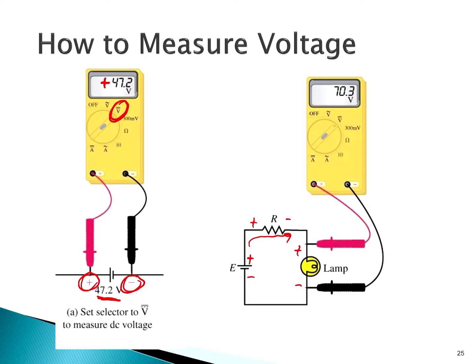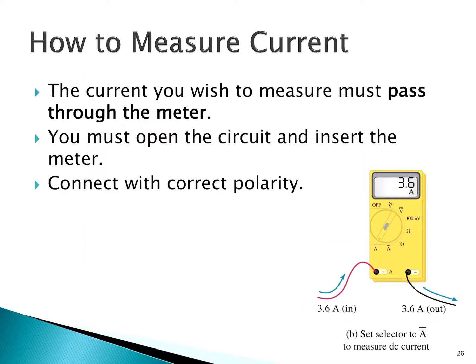Therefore, we have the red lead connected to the most positive potential and the black lead connected to the most negative potential. This would represent plus 70.3 volts. Again, we have the selector on DC volts because we have a DC source. Okay, this is what's called an across connection.